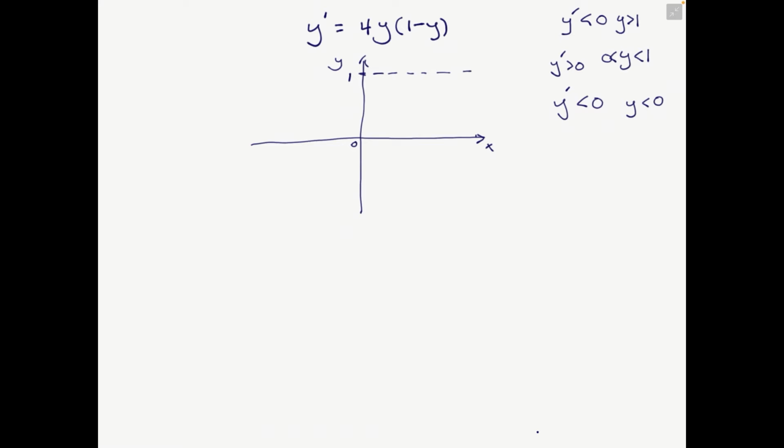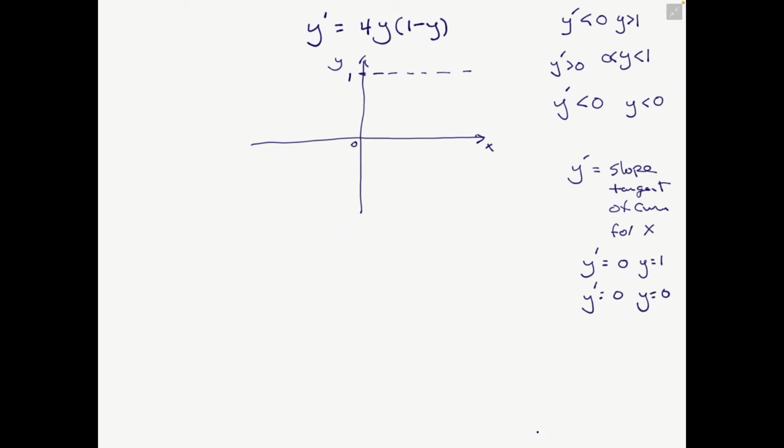All of our slopes, because y prime is the slope or tangent of the curve for a given x, we can use that information to help us out. Now y prime equals 0 at y equals 1, and y prime equals 0 at y equals 0.